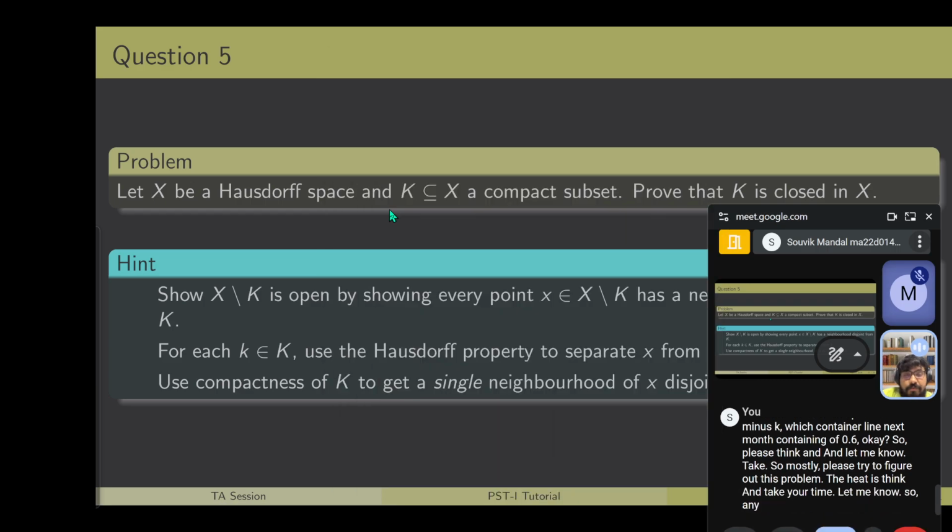Any idea how to approach this problem? We have explored this problem previously, but please think about it and let me know.